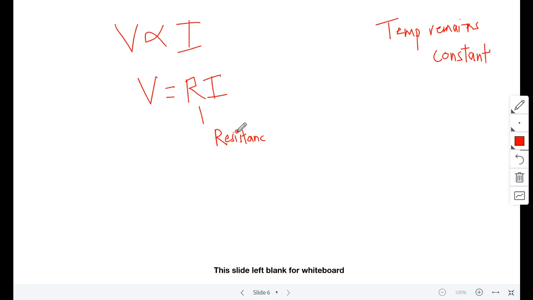Okay, right. So R is resistance, I is current, and V is the potential difference. Yes.